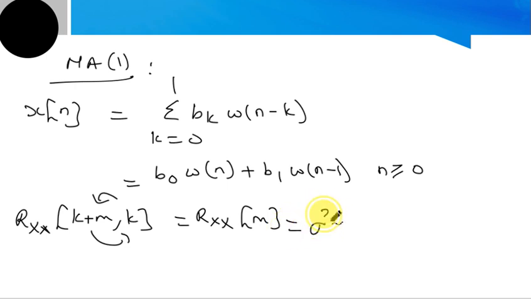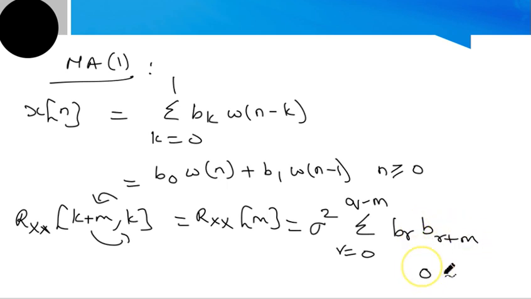So this is nothing but sigma squared summation r runs from 0 to q minus m of br into br plus m, for m lying between 0 and q.